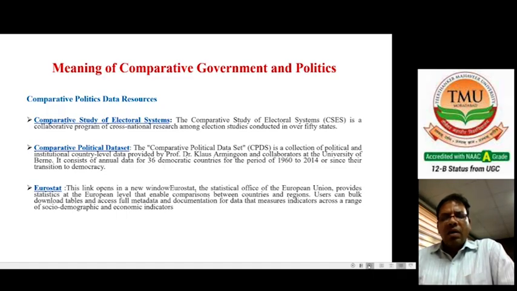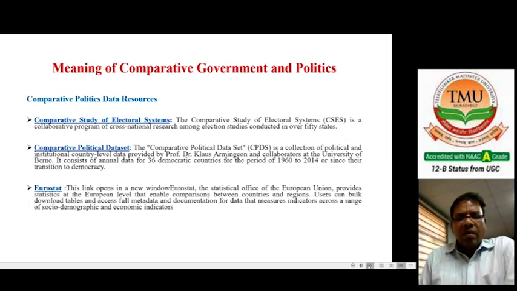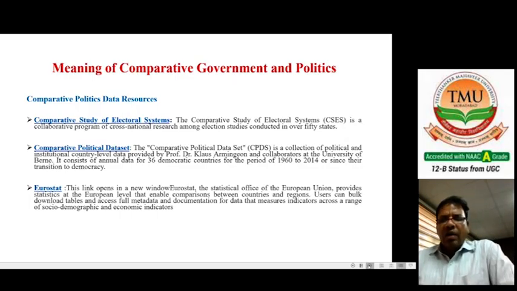Users can download tables and access the full metadata and documentation for the data that measure indicators across a range of socio-demographic and economic indicators. That means these are the three important institutions that provide different kinds of data, especially in the field of comparative government and politics.